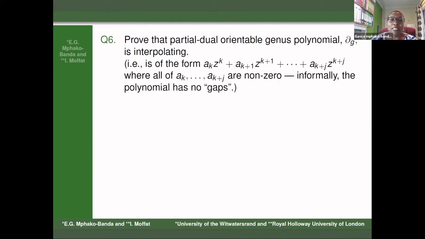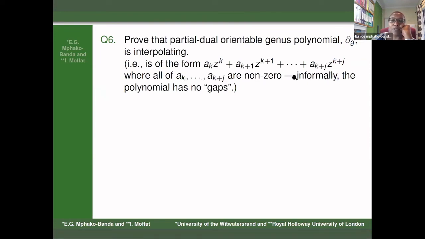By interpolating, let's say it is of this form. You have a_k z^k up to z^(k+j), where a_k up to a_(k+j) are non-zero.